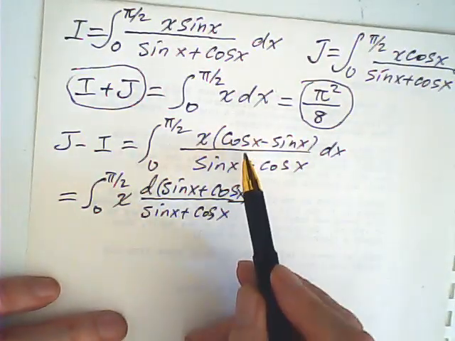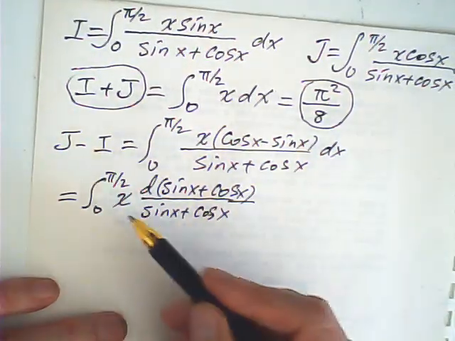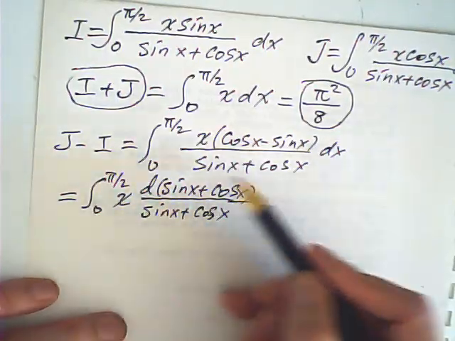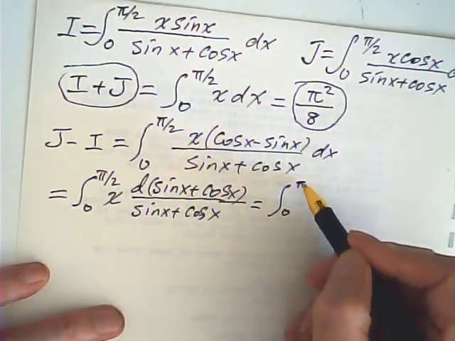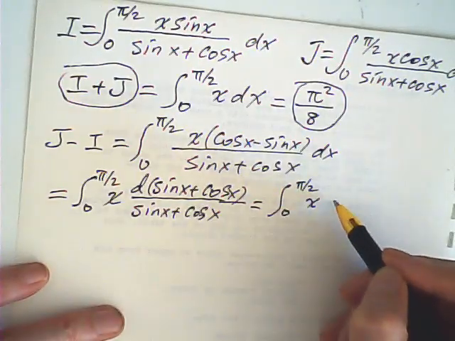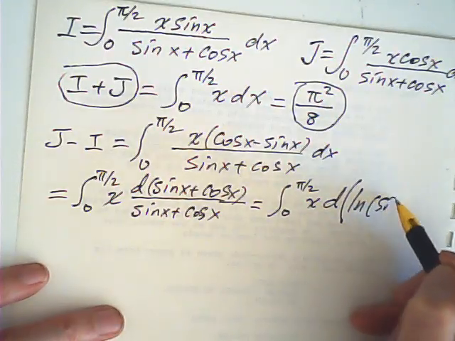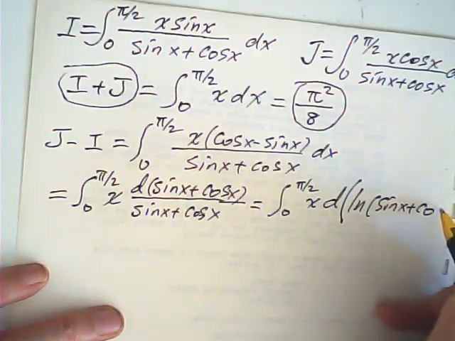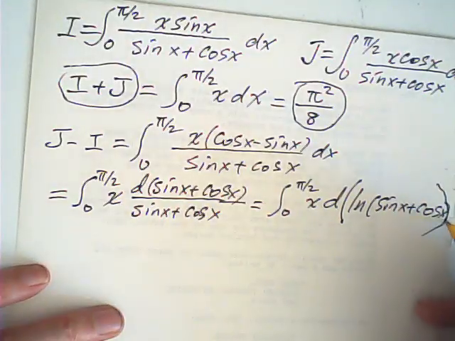This derivative is cosine. This derivative is negative sine. Perfect. So altogether it is a derivative of a log function. So this one is equal to the integral from 0 to half pi of x d log(sine x plus cosine x).